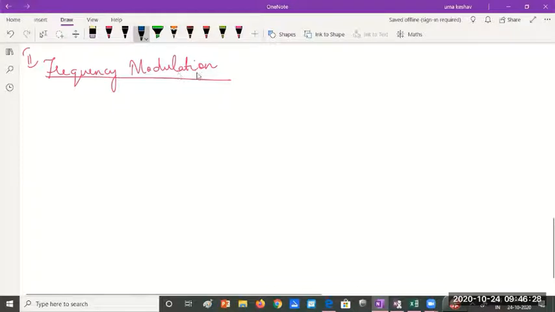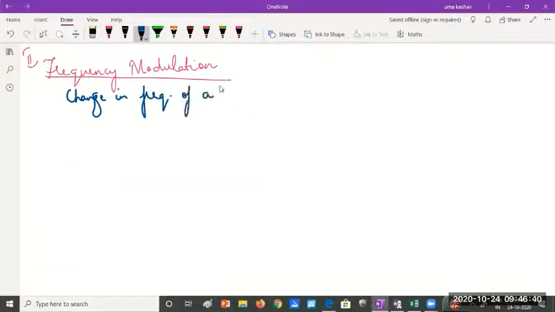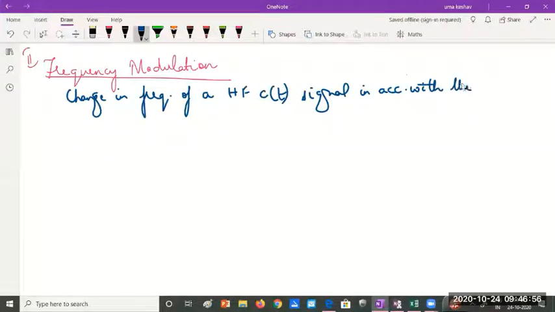It is defined as the change in frequency of a high frequency carrier signal in accordance with the amplitude of a low frequency message.